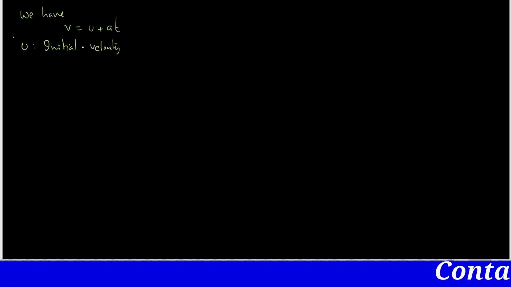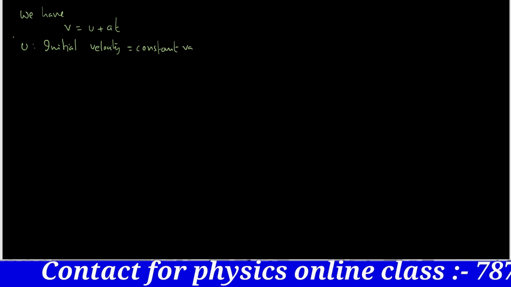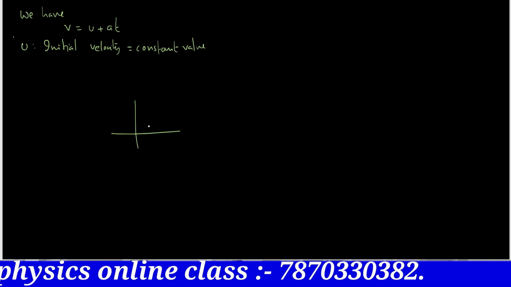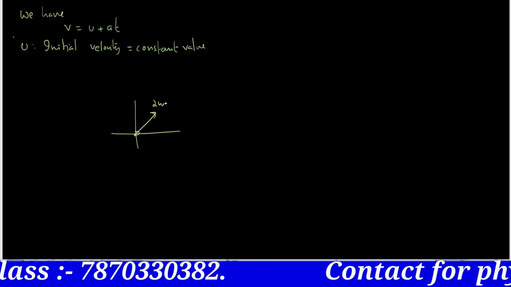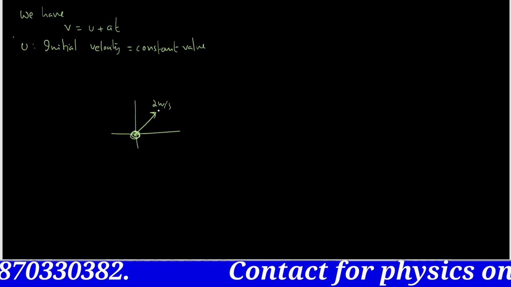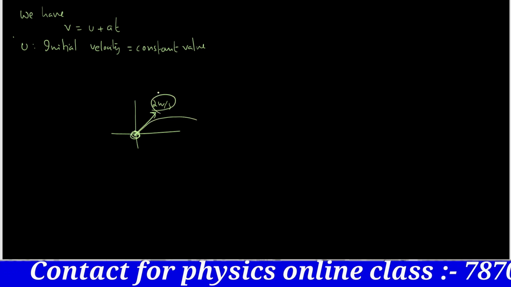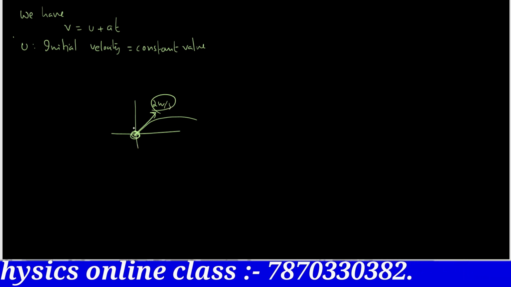In our practical life, this has a constant value in any case. Realize or not? Suppose any person throws a ball in this direction, say 2 meter per second. So at this moment, this will always be 2 meter per second. But after that, this can change, right? But at this moment, this is always 2 meter per second.